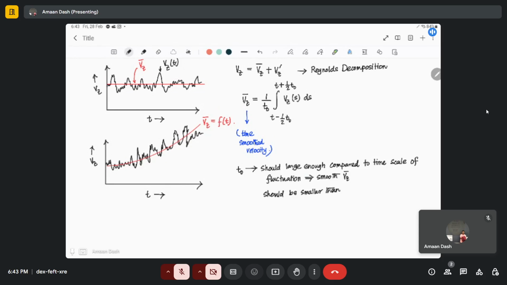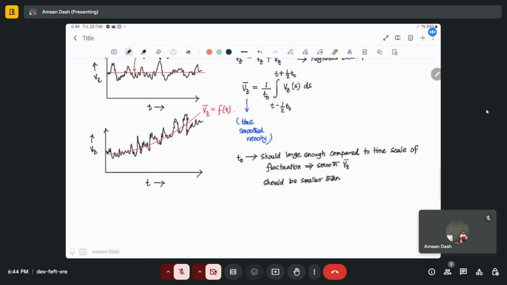Let's say, for example, we are applying it for 5 seconds, then this t naught should not be as large as 5 seconds.